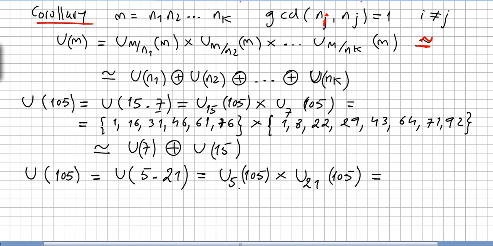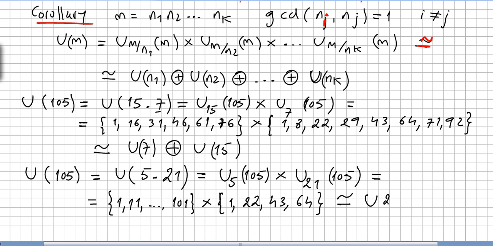Now you can check the sets for this, and they are 1, 11, 16, 26 till 101, really easy, times internal direct product of 1, 22, 43, 64, this other set, and that is isomorphic to U(21), the group of units 21, external direct product of U(5).